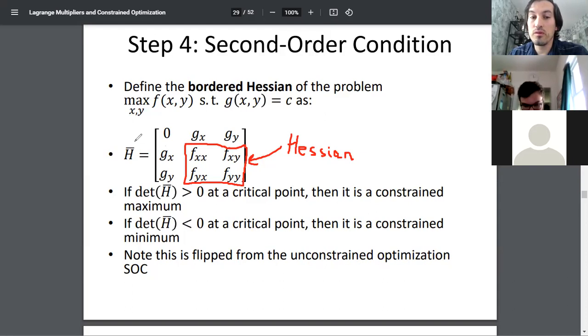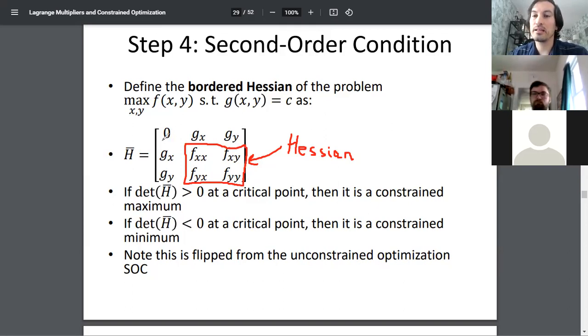And the way you write the bordered Hessian, the way you construct it, is to say, make a little matrix here of the Hessian and add to it. What will you add? One row, the first row, and one column, the first column. So the first row and the first column are a little bit special here, especially in that the first element should be a 0.